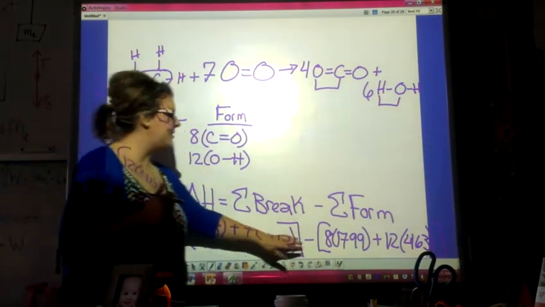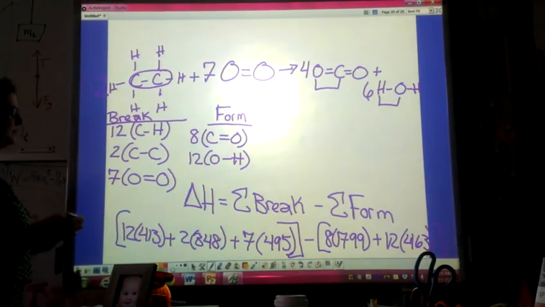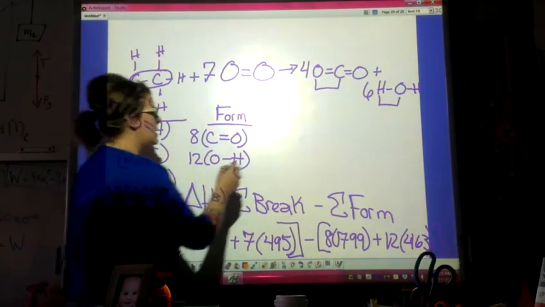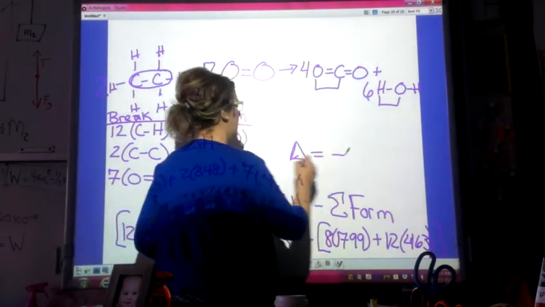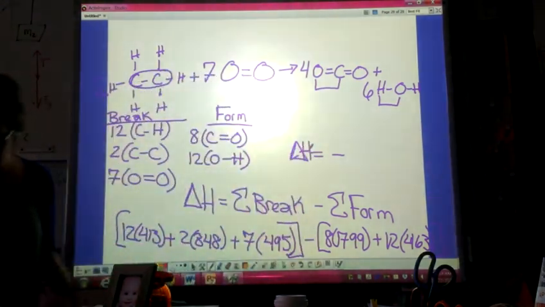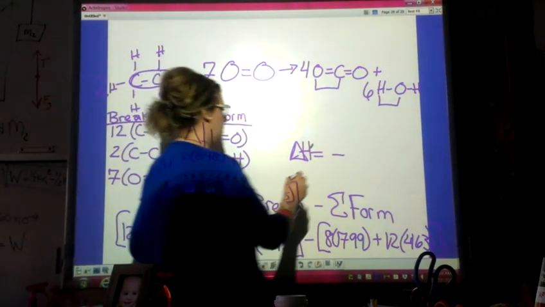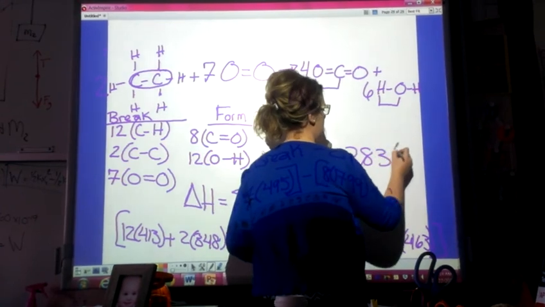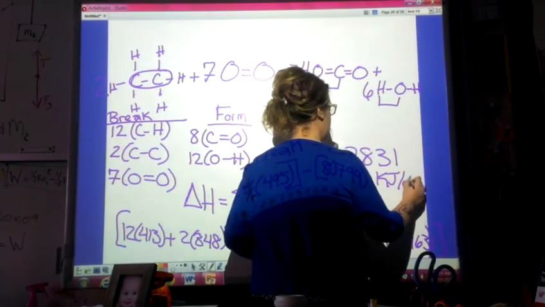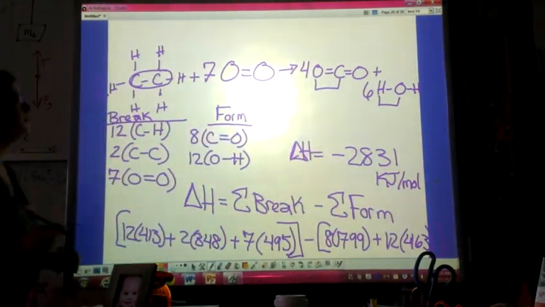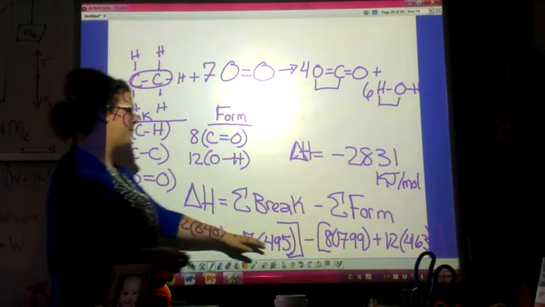So if I add all of these up and subtract it from the sum of that, our overall enthalpy should be a negative 2831 kilojoules per mole. Okay, so you should get that after you type all of this in.